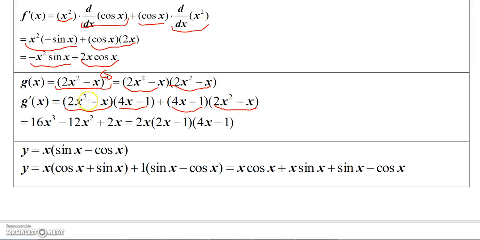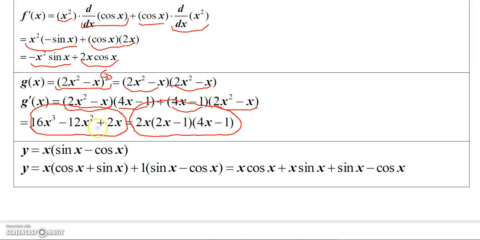And then again, go ahead and FOIL this, and then FOIL this, and collect like terms, and you get 16x cubed minus 12x squared plus 2x. And that may be fine for your professor, but if he wants it factored, because you're going to have to, at some point, I like to get it in factored form if it's not too difficult.